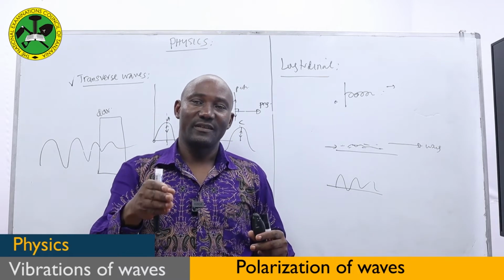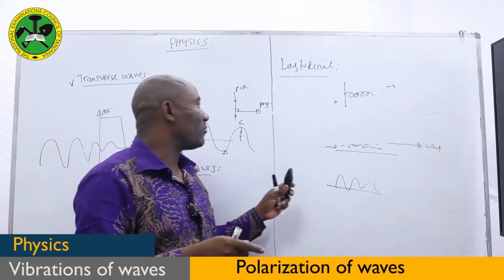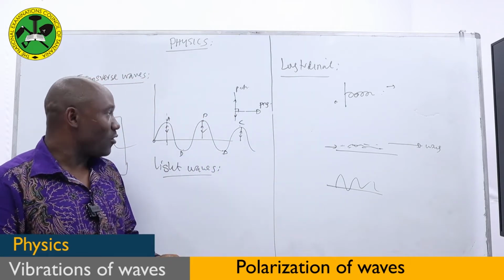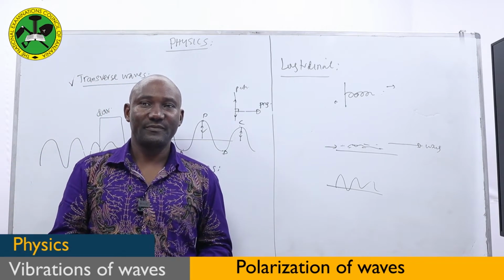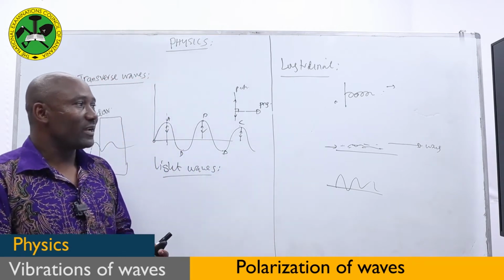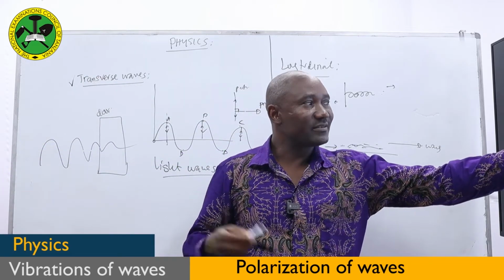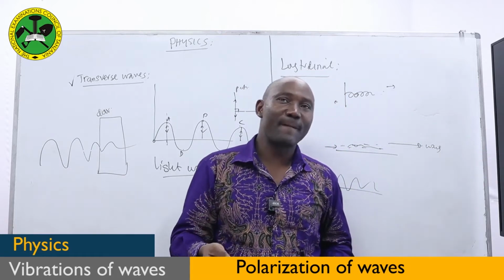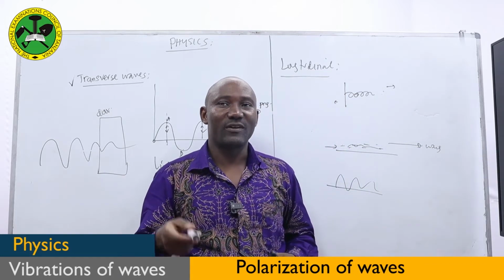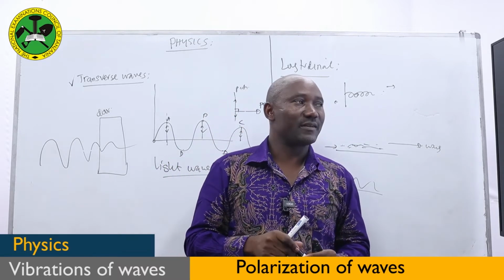That's what we call polarization, and we talk of polarization of transverse waves. You can define polarization as the process of restricting the vibrations of the waves in a particular direction. That process is what we call polarization.